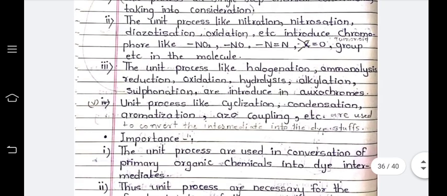Unit processes are single step chemical conversions, taking into consideration unit processes like nitrosations, diazotizations, oxidation, etc. They introduce chromophores like NO2, NO, N triple bond N, C double bond O groups, etc. in the molecules.